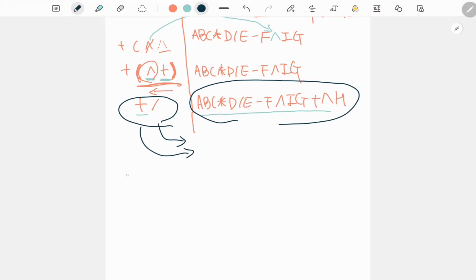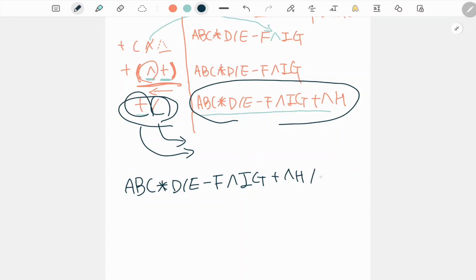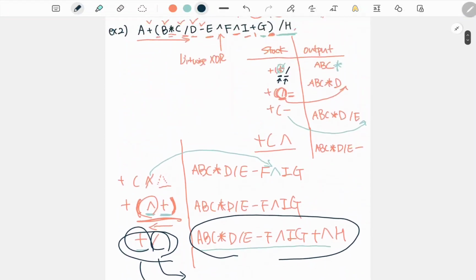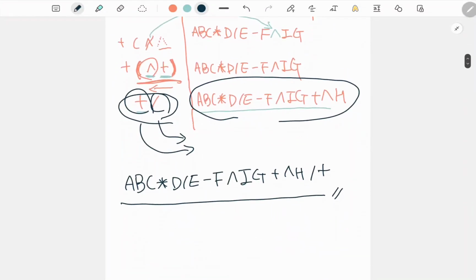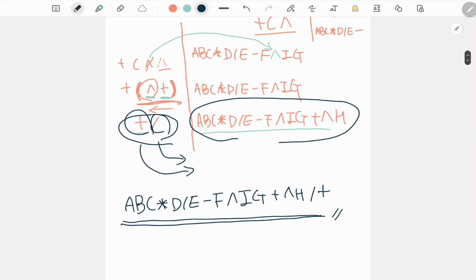So our final answer of the postfix expression would be A, B, C, D, E, F, I, G, plus H, and then this first, and then this. So this would be our final answer for this infix form to a postfix expression.